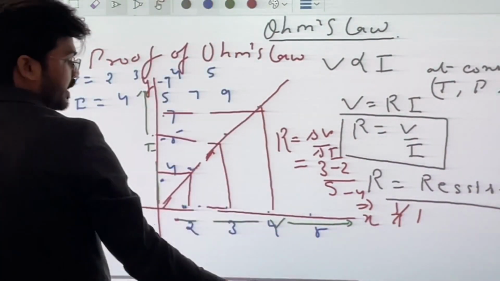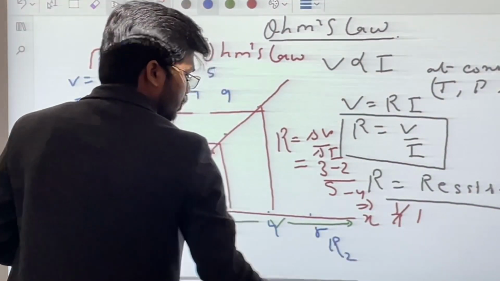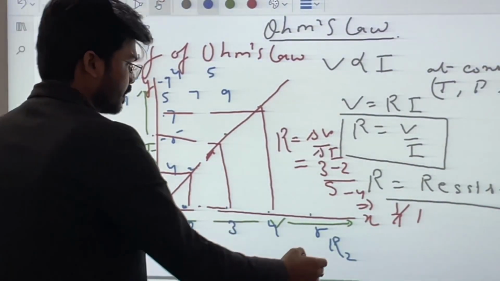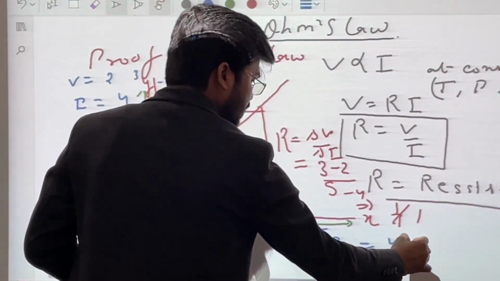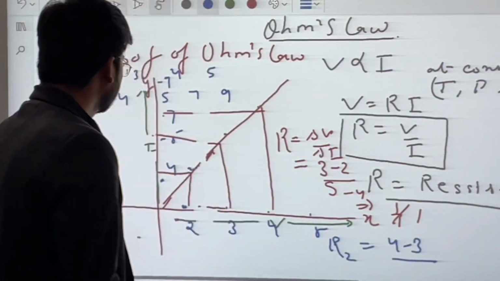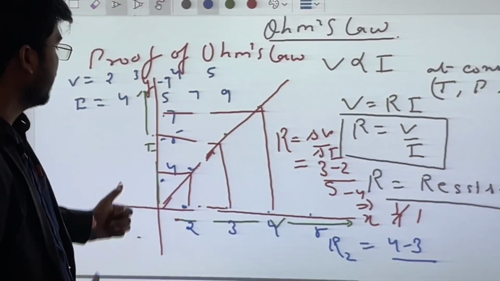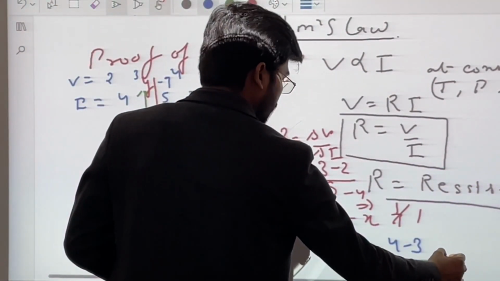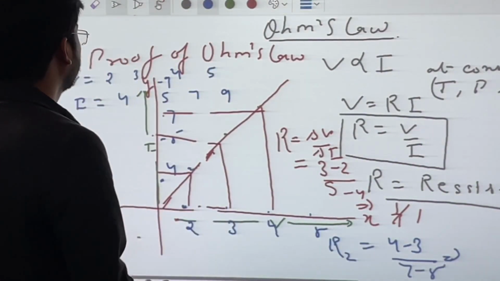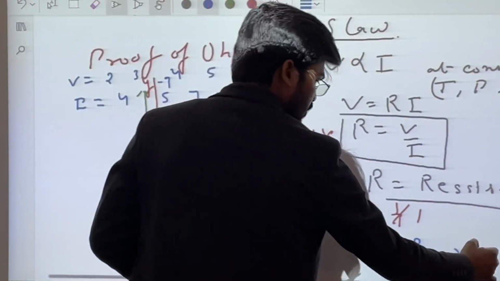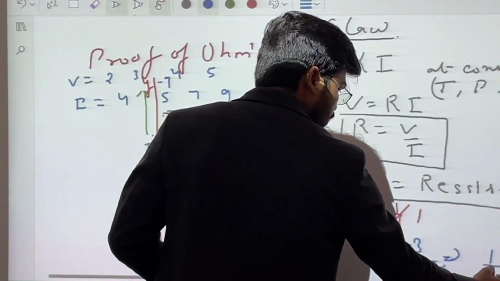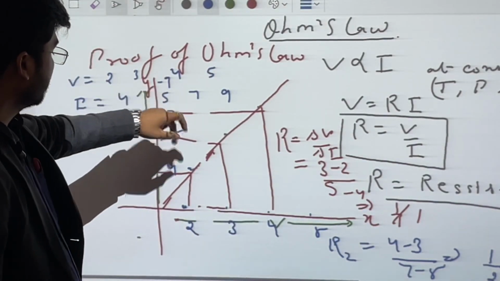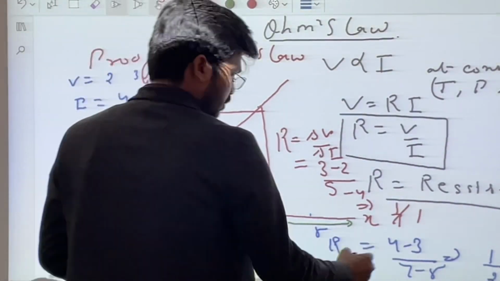Similarly, we find R2. So R2 is 4 minus 3 upon 7 minus 5. So the value will be 1 upon 2.